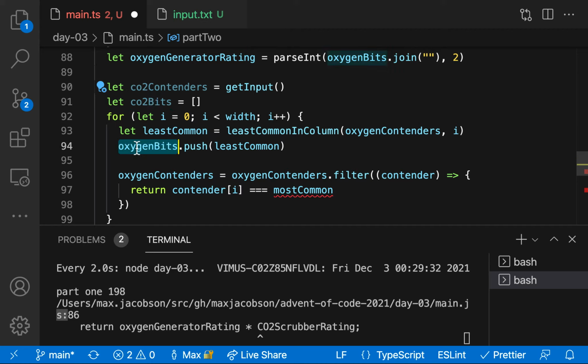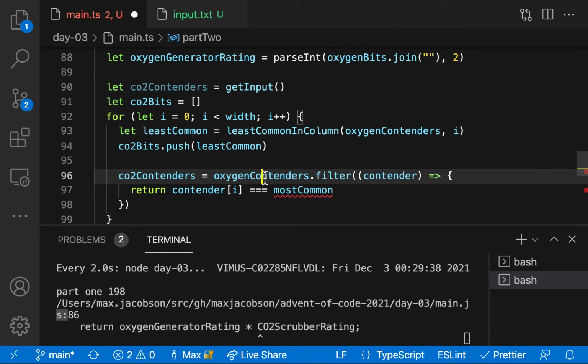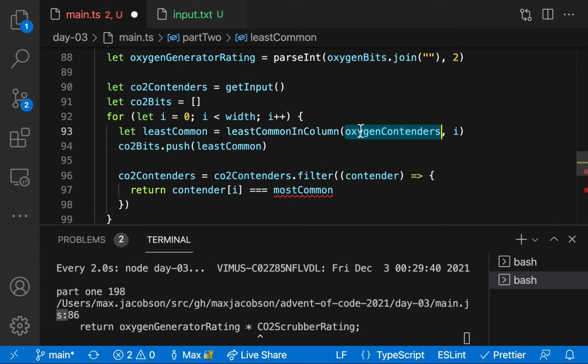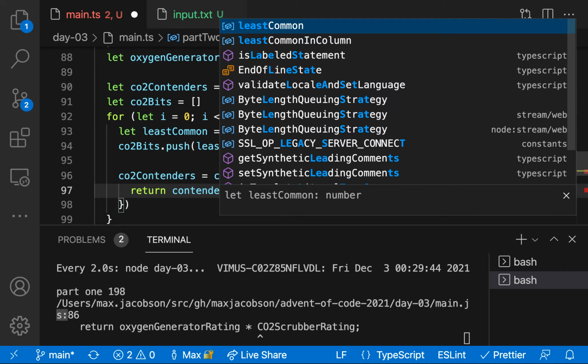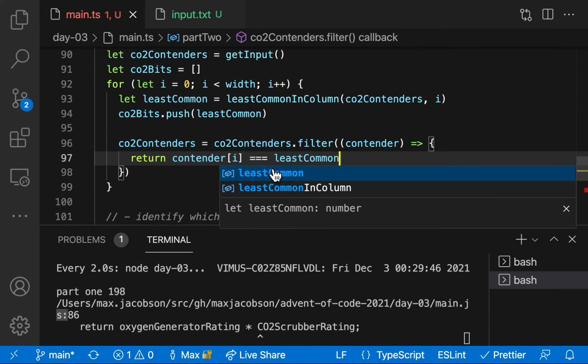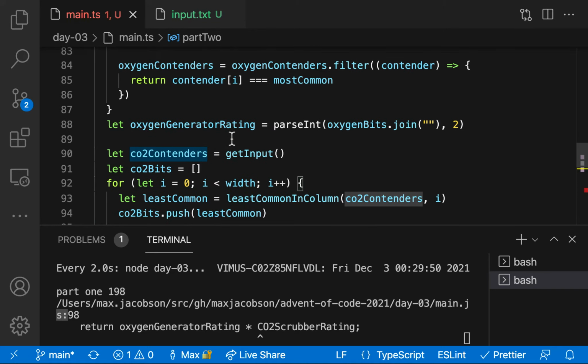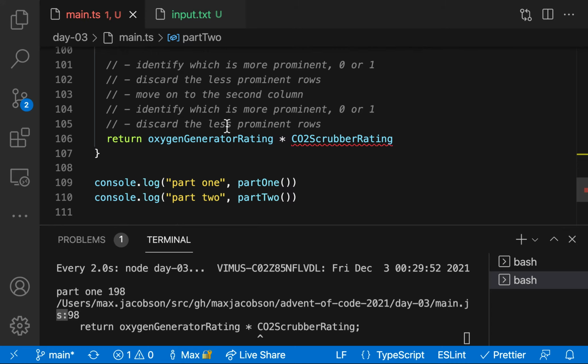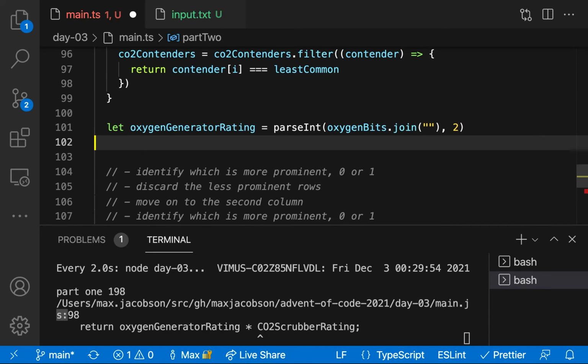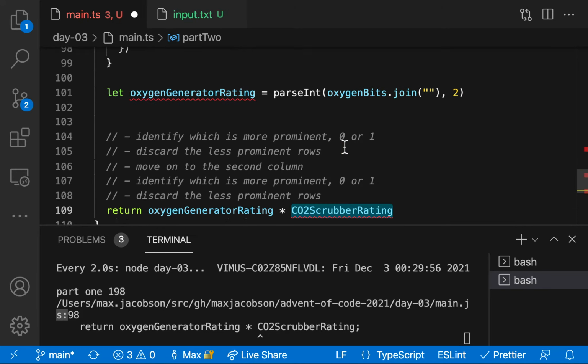Definitely too much copying and pasting here. Then we will want to do something kind of like this, but it'll be CO2 scrubber rating.